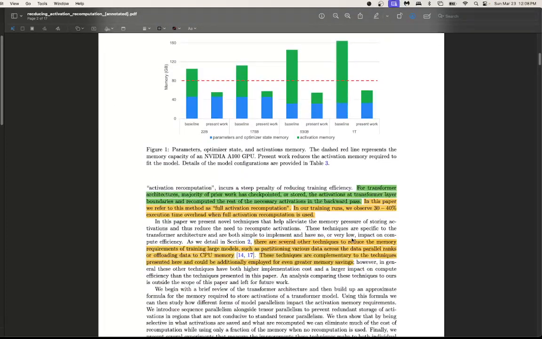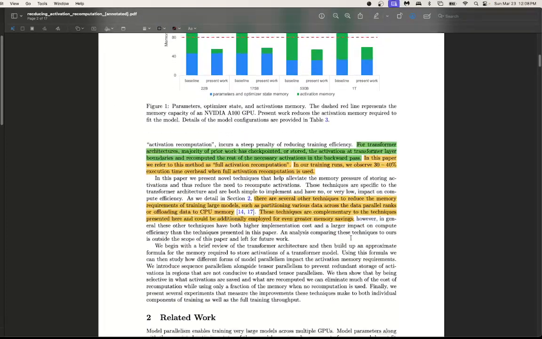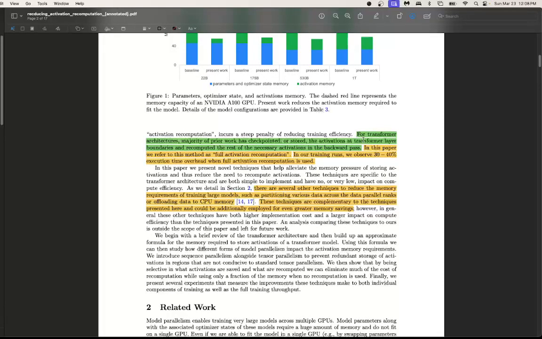Okay, so let's continue. They note here another technique to scale up to larger models, where we start getting out of memory errors because of these huge activations. Activations tend to dominate the memory usage in very, very large models.